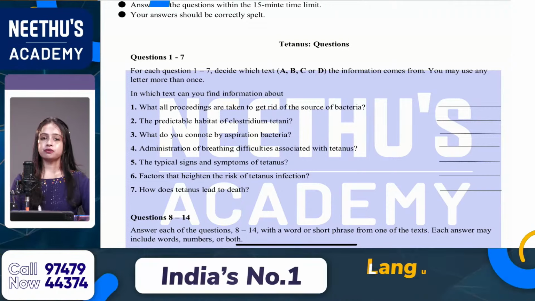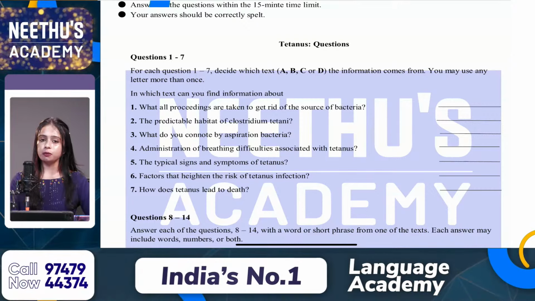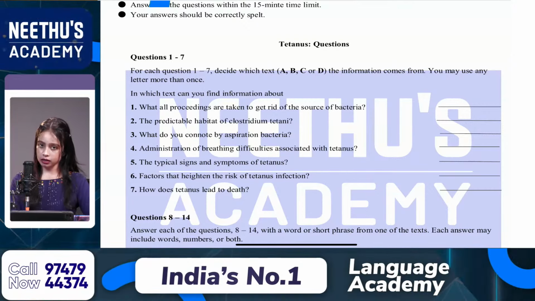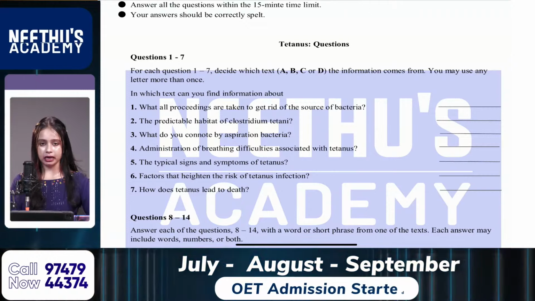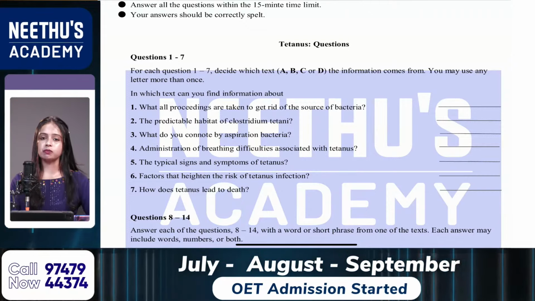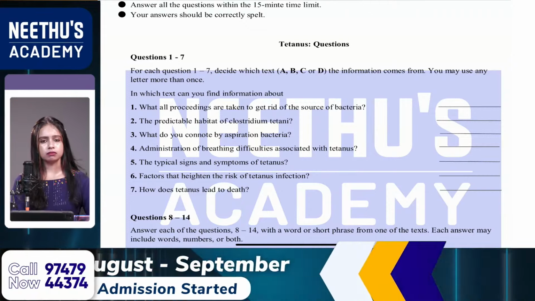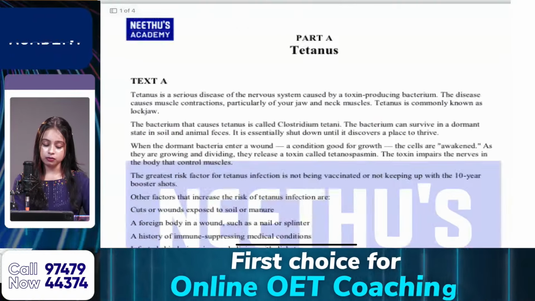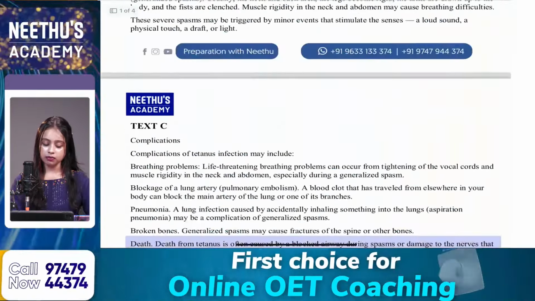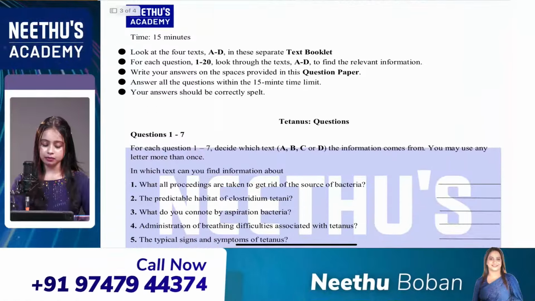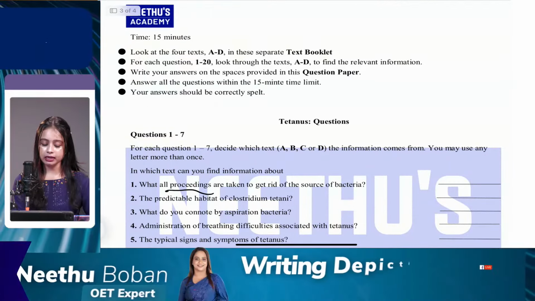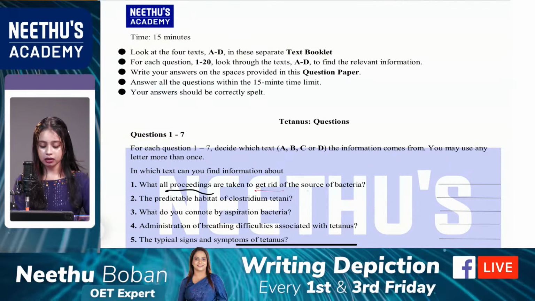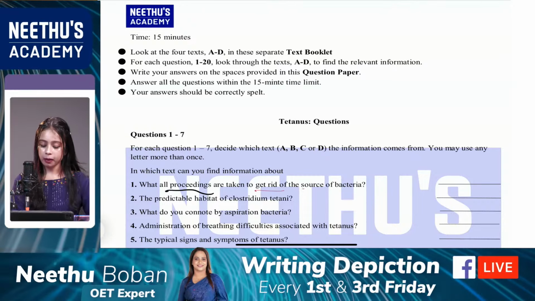So the first question is all about what all proceedings are taken to get rid of the source of bacteria. So my keywords from the question, maximum 3, right? So proceedings, then get rid as well as source.